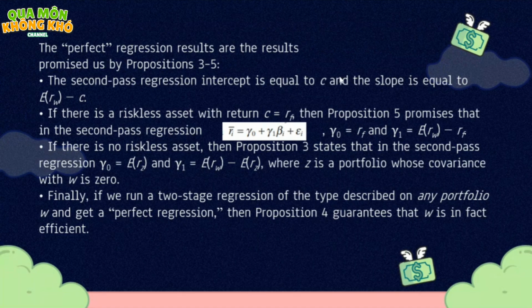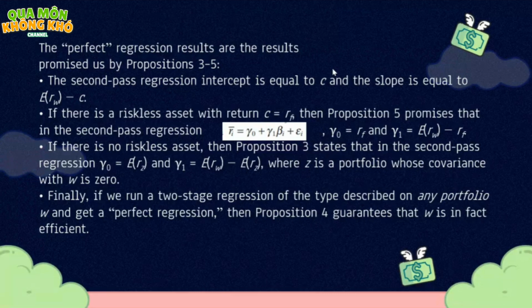If there is no riskless asset, then proposition 3 states that in the second pass regression, gamma 0 equals the expected return of RZ and gamma 1 equals the expected return of RW minus the expected return of RZ, where Z is a portfolio whose covariance with W is 0.